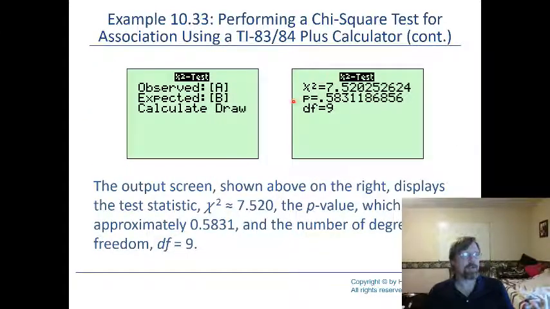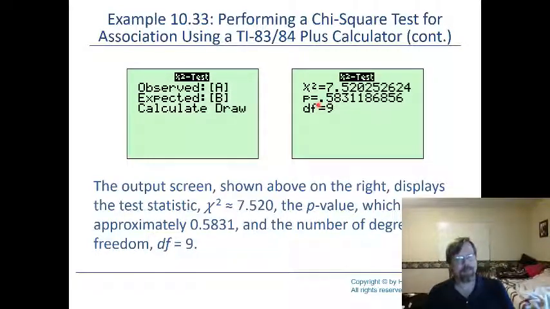So we can, at this point, just look at that p-value and say that is greater than the 0.1 significance level, so we cannot reject the null hypothesis, because we can only reject the null hypothesis if the p-value is less than the significance level.